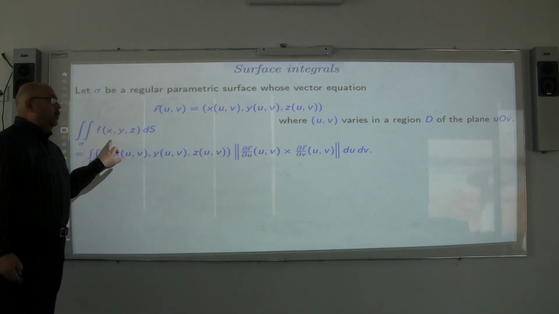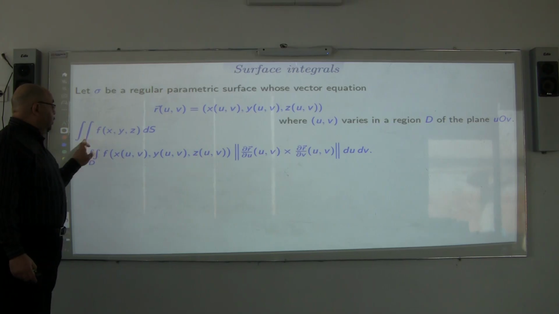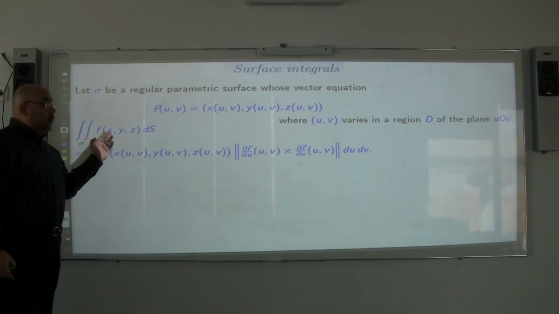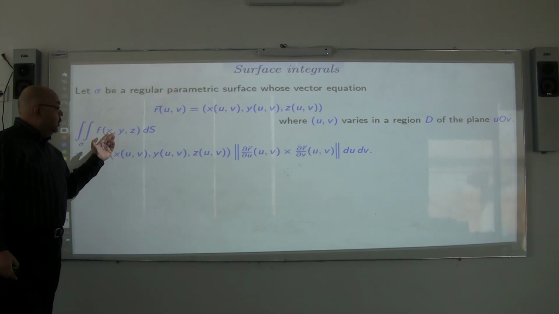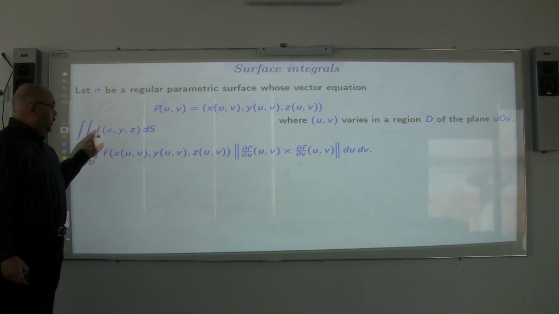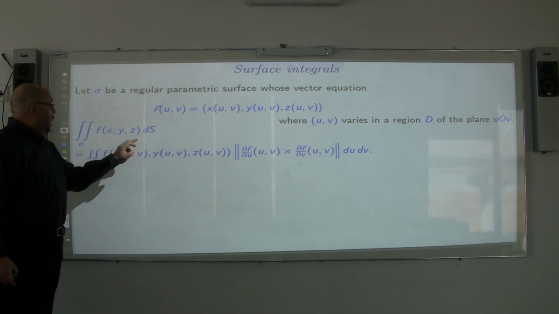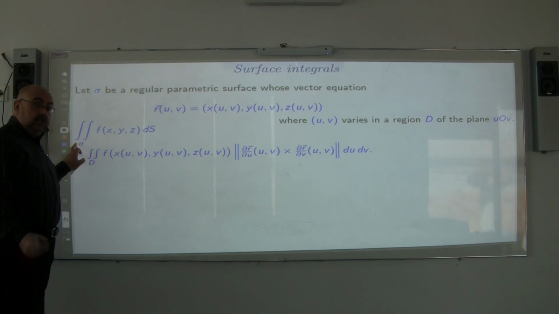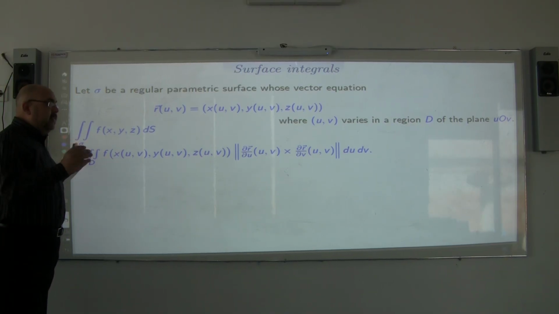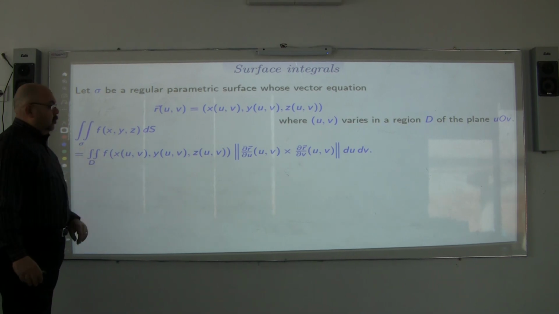We can now define the integration on the surface using a certain scalar function. So here, if we have a scalar function f(x, y, z), that's the element of the surface. I can integrate through this surface or evaluate the value of this function around the surface that we are talking about.